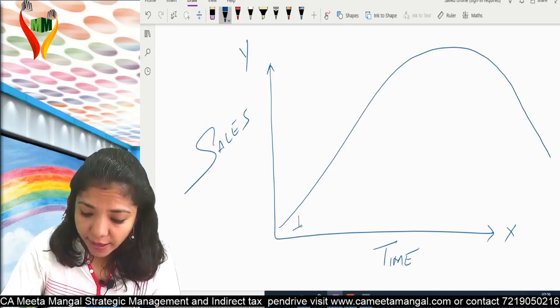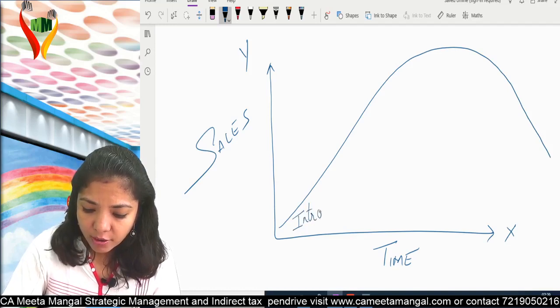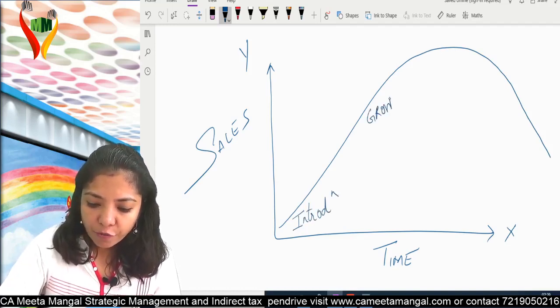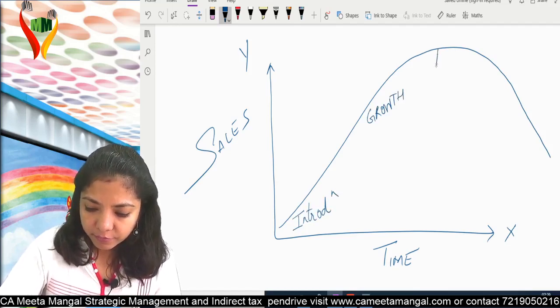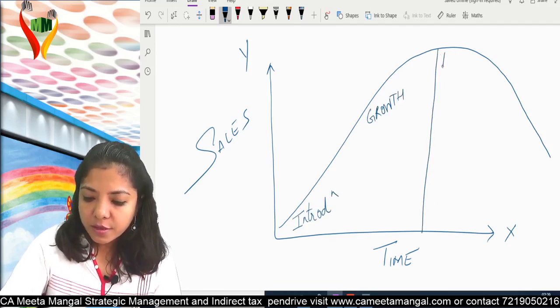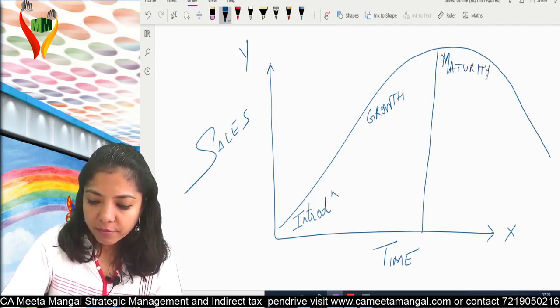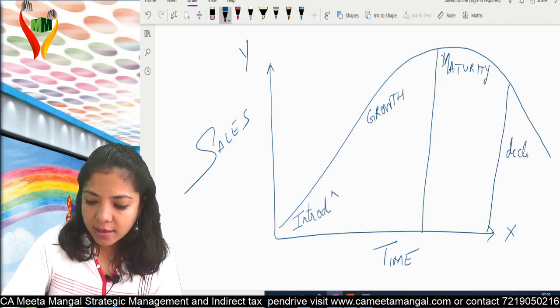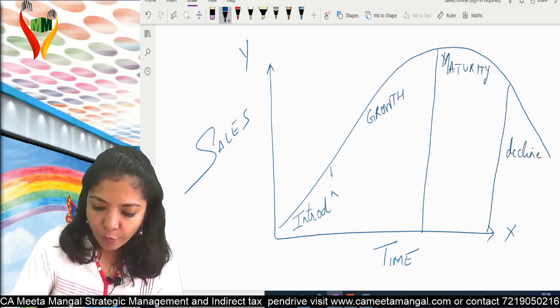The first phase is called the introduction phase. The second phase is called the growth phase. This phase is called the maturity phase. And this phase is called the decline phase. I hope you're getting my point.